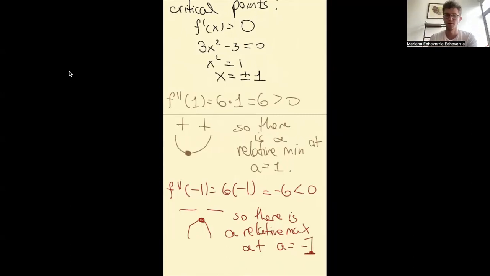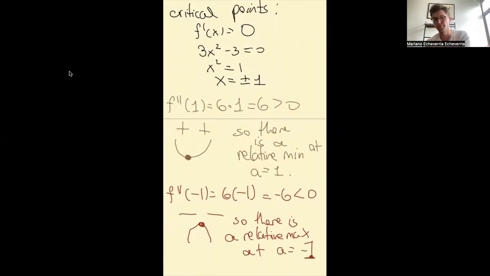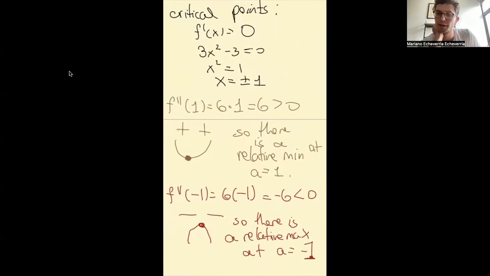Is that okay? And if you go back to the notes from last time, that's exactly what we had found regarding what was a max and what was a min. We had found that 1 gave you a min and -1 gave you a max. Are there any questions about this?